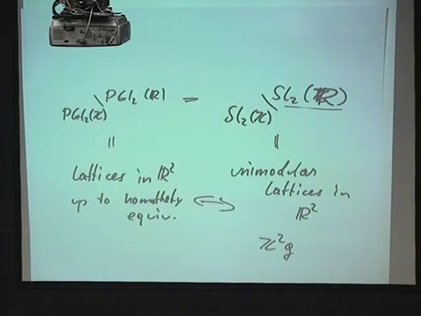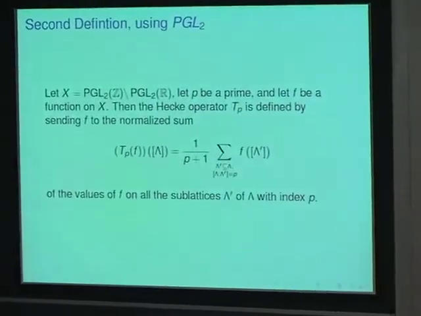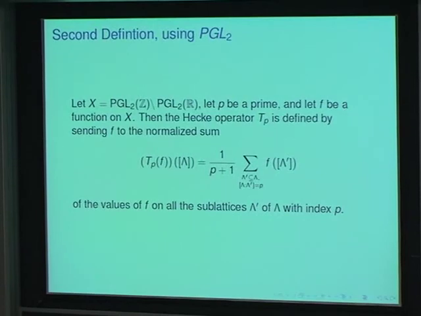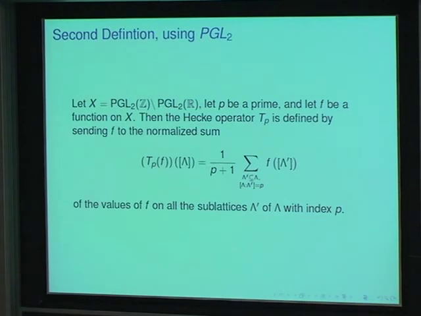And that helps us because we can now write down this formula here, which is the second formula for the Hecke operator. We take an equivalence class of lattices. That's the bracket lambda on the left-hand side. And then we look at all the index p subgroups of lambda, which are the lambda primes. And we take the sum over the values the function has on these index p subgroups.